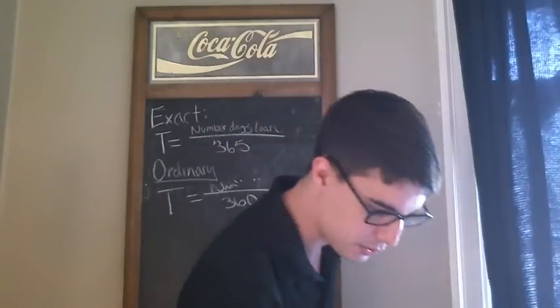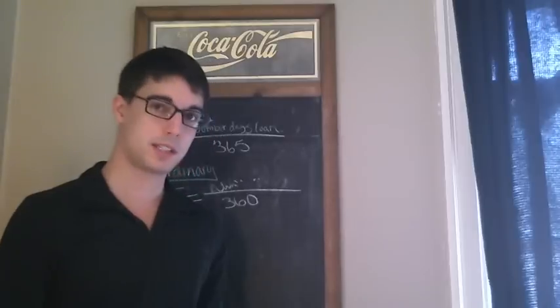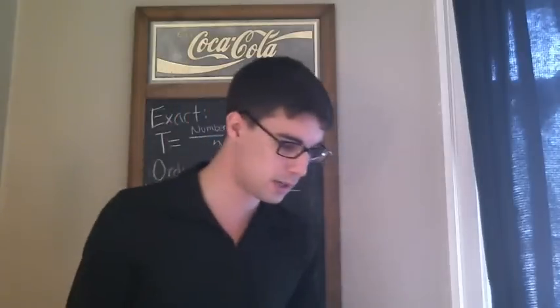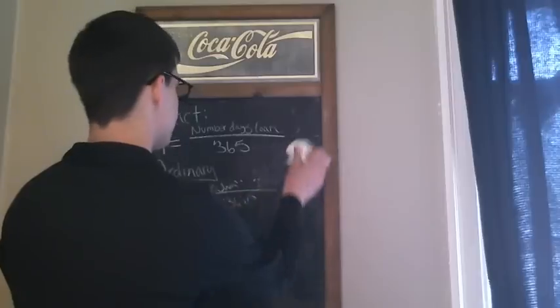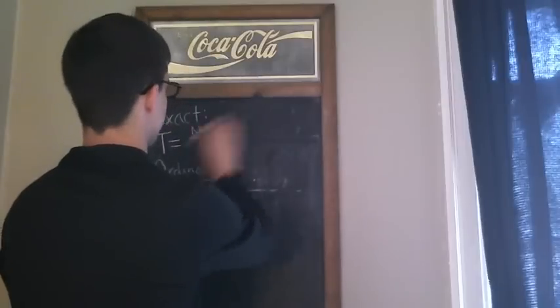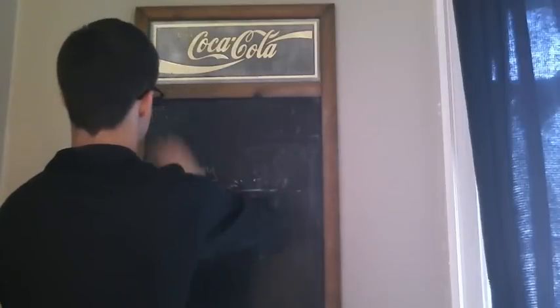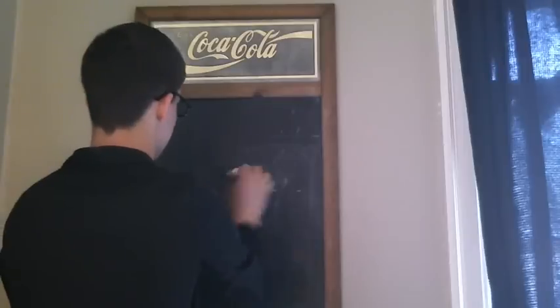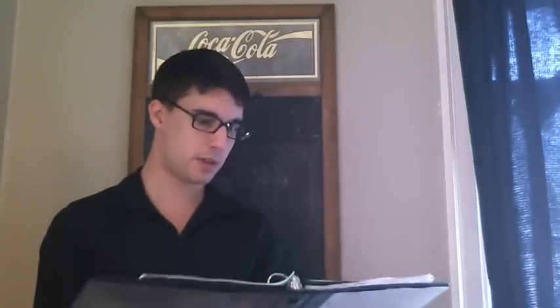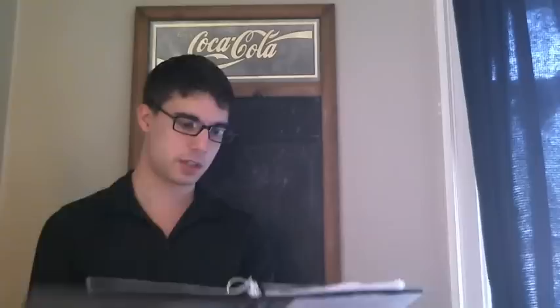So if you would like to go on over to page 310 now, and we are going to be on example number 2. We're going to be using exact interest on number 2.